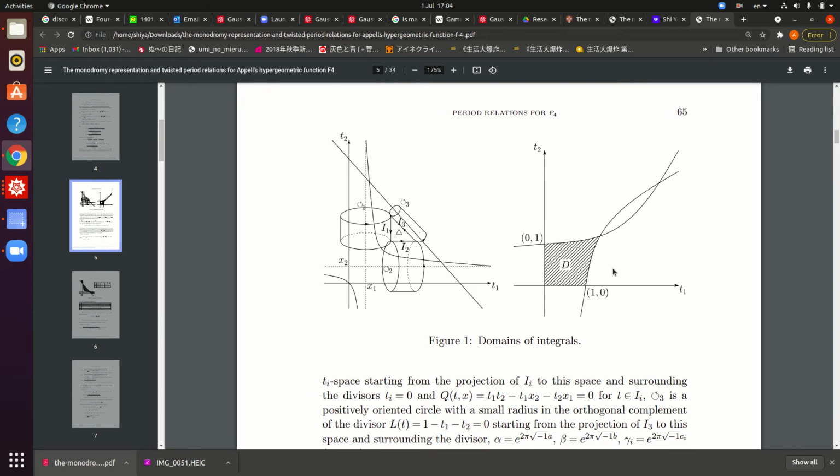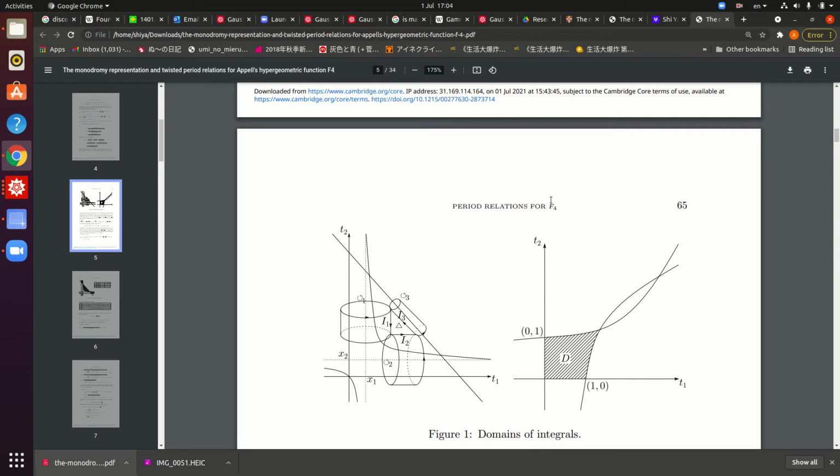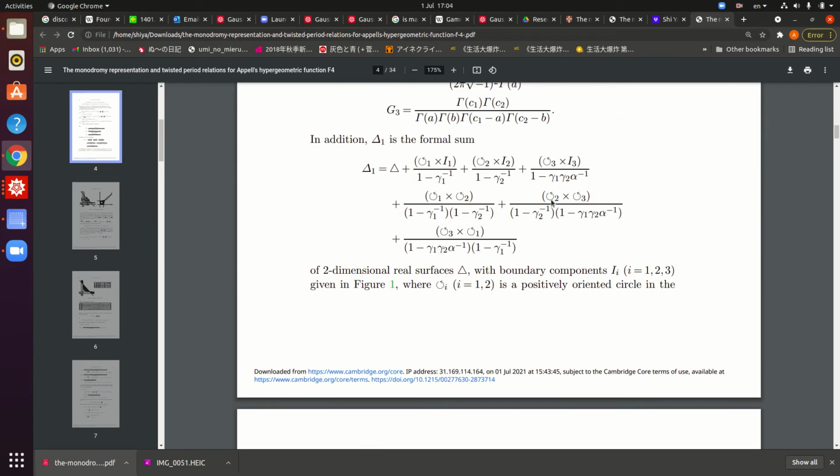You see in figure 1 on the left. And these funny looking circles are cylinders that encircle the boundaries of this region. So it's a fairly complicated region of integration.